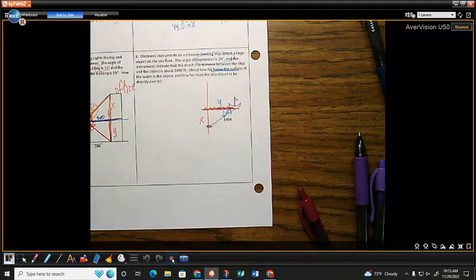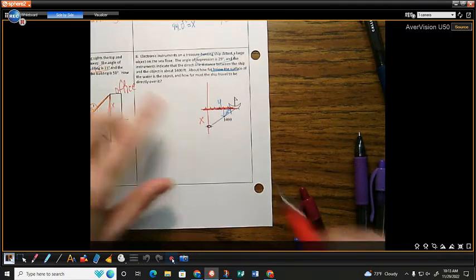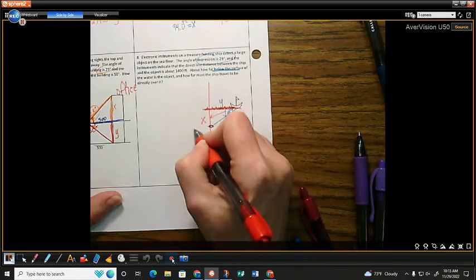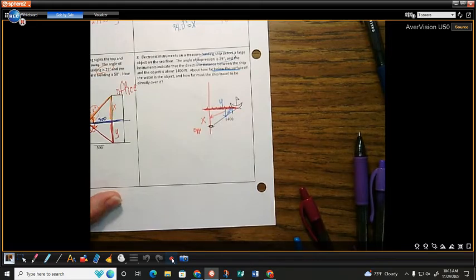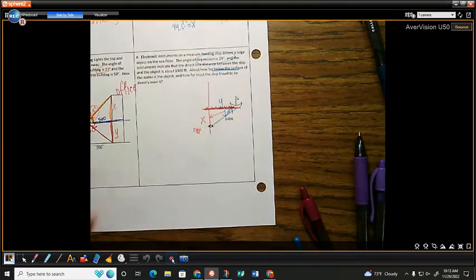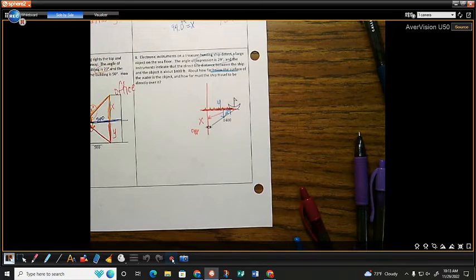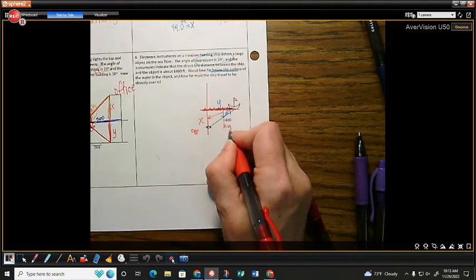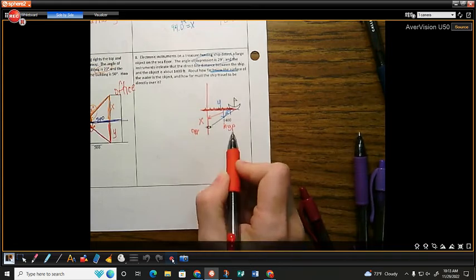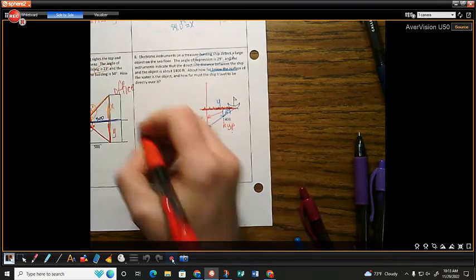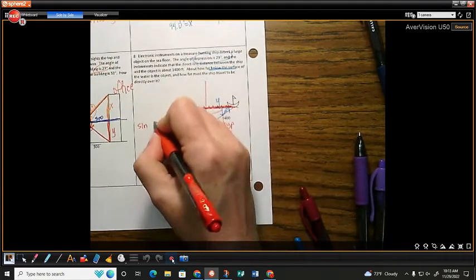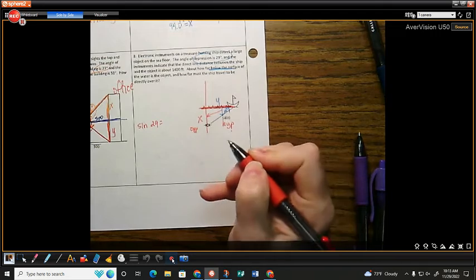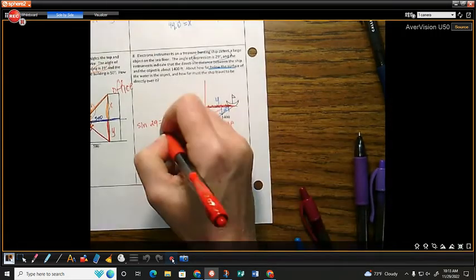Could you solve those? Yes. Yeah. For the X guy, that's opposite. Oh, what piece? I don't have my adjacent. How am I going to find X? Oh, I have the hypotenuse. So opposite and hypotenuse is sine. So the sine of that 29-degree angle would be X over 1400.